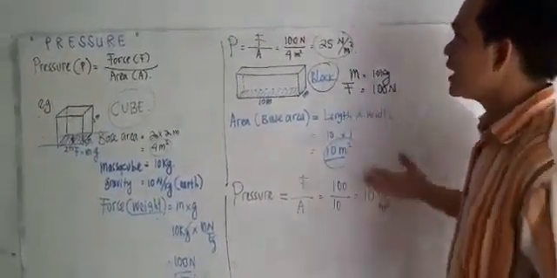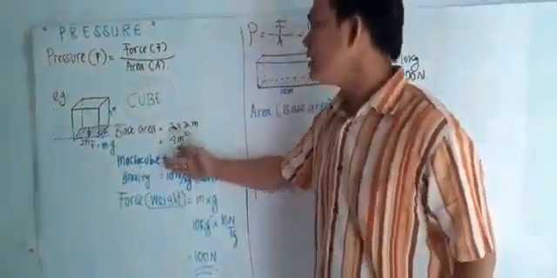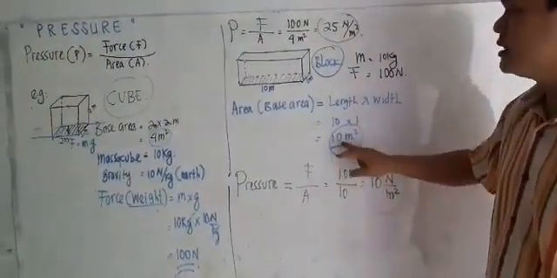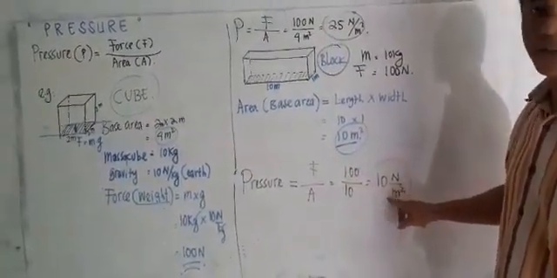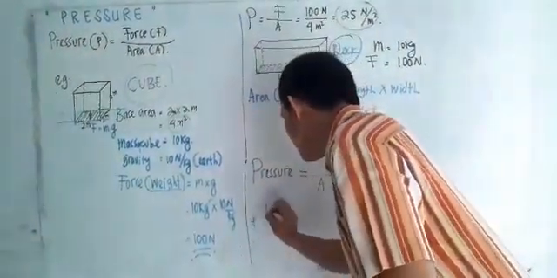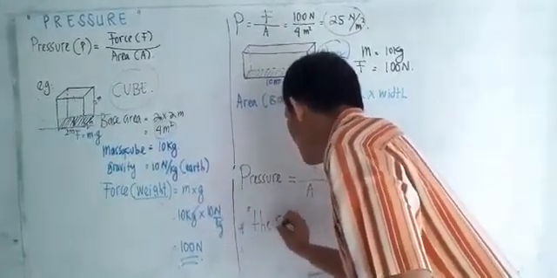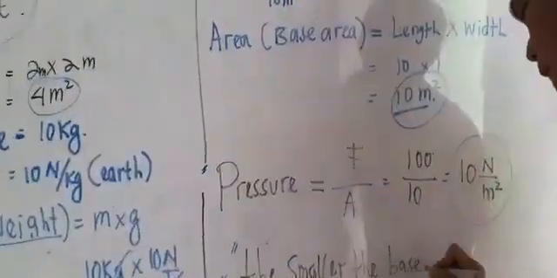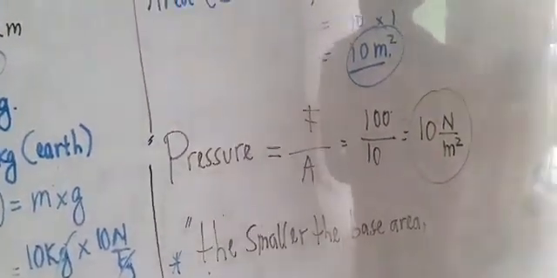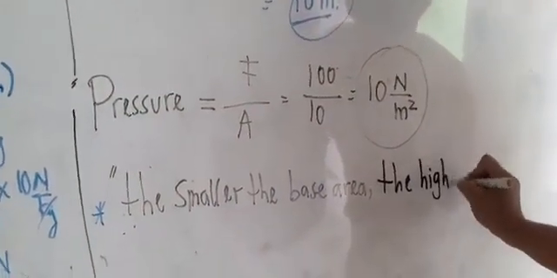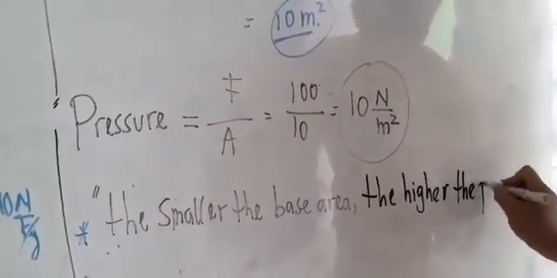What does it mean? It means that the smaller the base area, the higher the pressure. The bigger the base area, the smaller the pressure. So the conclusion is: the smaller the base area, the higher the pressure.